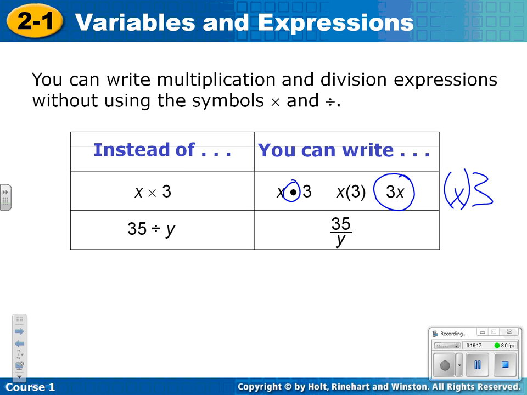Top to bottom as you read it. 35 divided by y. You cannot do this. That's different. That's y divided by 35. Is that what this says right here? No. It's 35 divided by y. So don't do this. That's not correct. It's 35 divided by y, top to bottom. Okay? Had to show you those couple of things because you're going to see that on your homework.